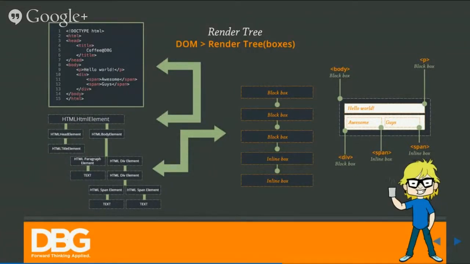These are similar to CSS box models. I hope you all understand what the CSS box model is. The HTML gets converted to a block box, then an HTML paragraph to a block box, then a span element to an inline box, and so on.